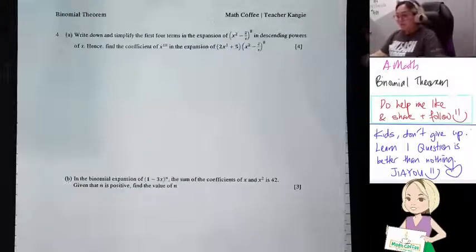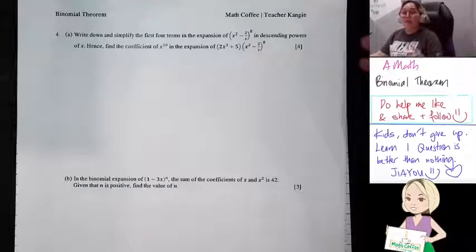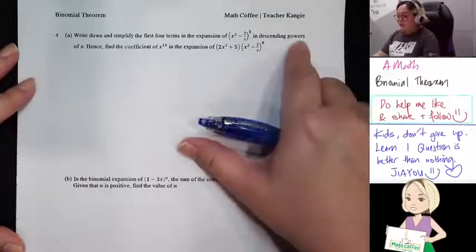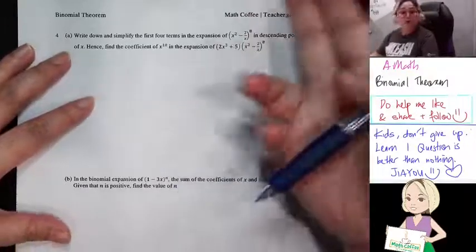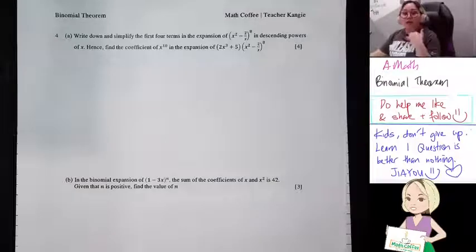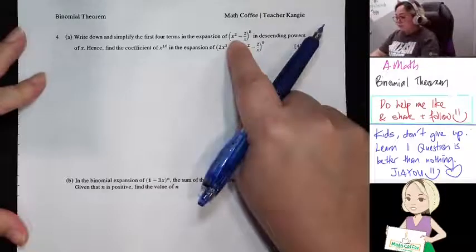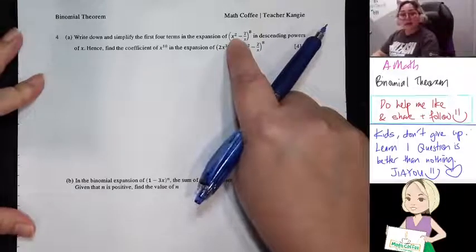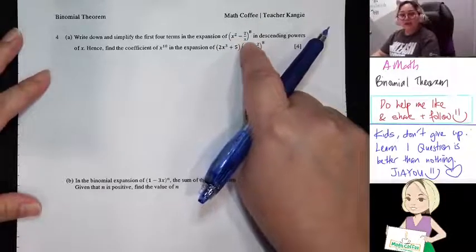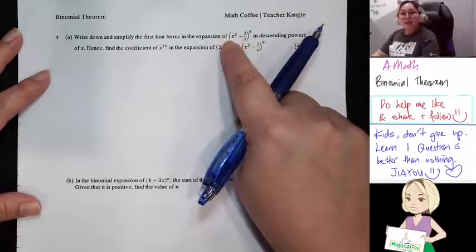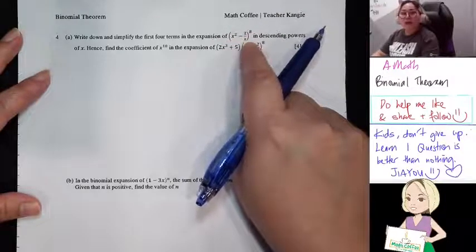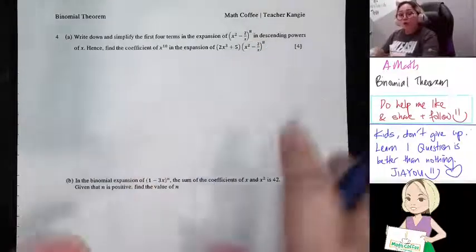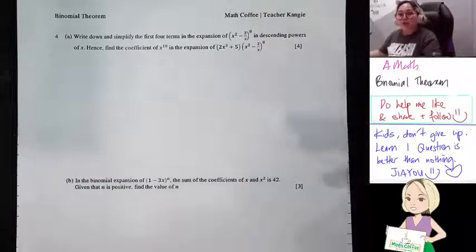But sometimes when I tell my students that swapping makes it descending power, then when they look at this question and see descending power, they naturally say, okay, I also want to swap. But you don't swap by memorizing that you must swap. Take a look at this one. The a is x squared. The b is x to the power of -1. So here my a power is already more than my b power. So automatically, when you apply the normal binomial expansion, the terms are already in descending power.